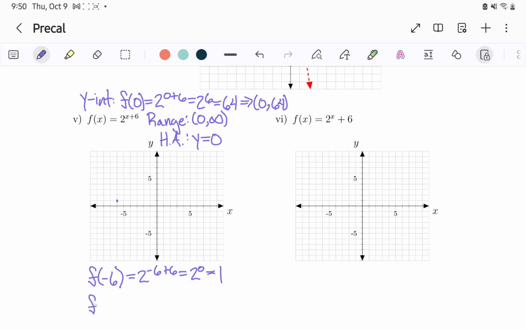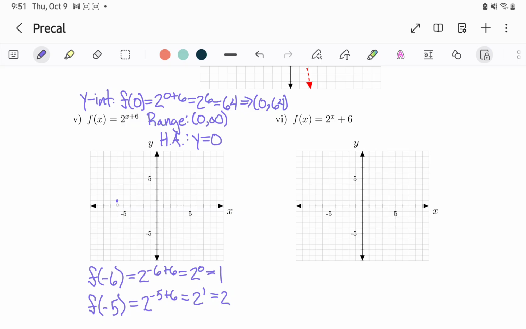And f of -5 is equal to 2 to the -5 plus 6, which equals 2 to the 1, which is going to give us 2.